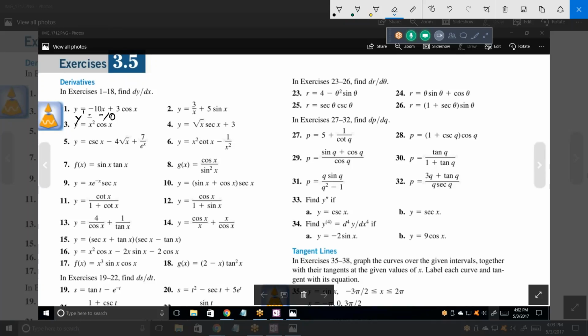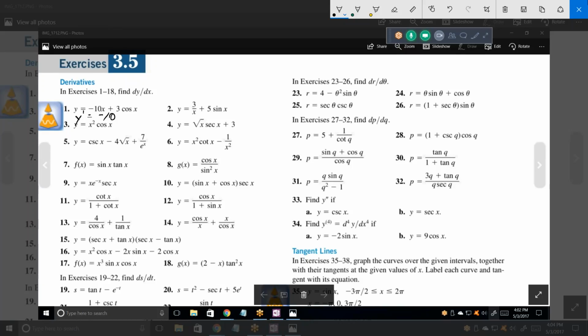And what's the derivative of 3 cosine x? Would it just be 3? No, it's negative sine x. In other words, the derivative of cosine x is minus sine. I need to go over that then. Let's do it.